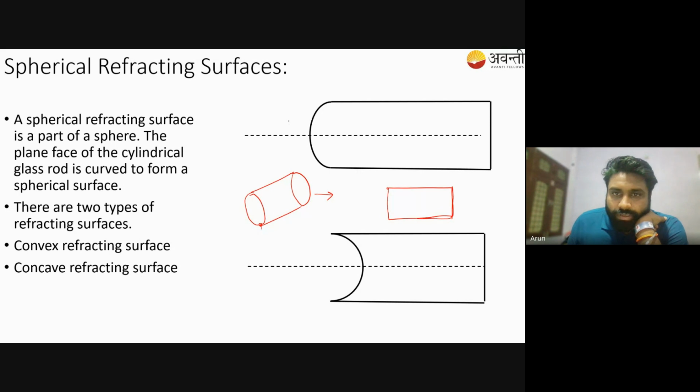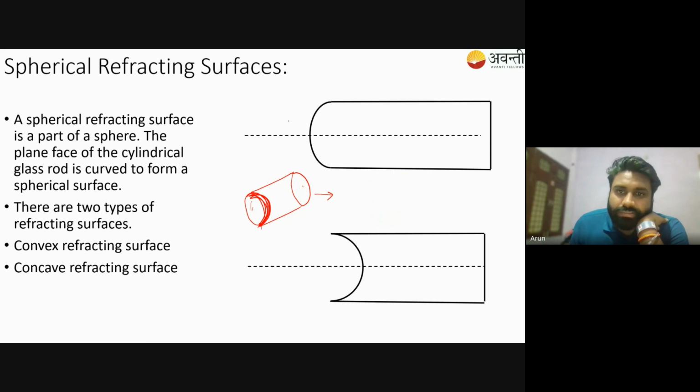Okay. What if I sharpen this, if I cut this end surface in this direction, instead of looking like a flat rectangle, it will appear like that.